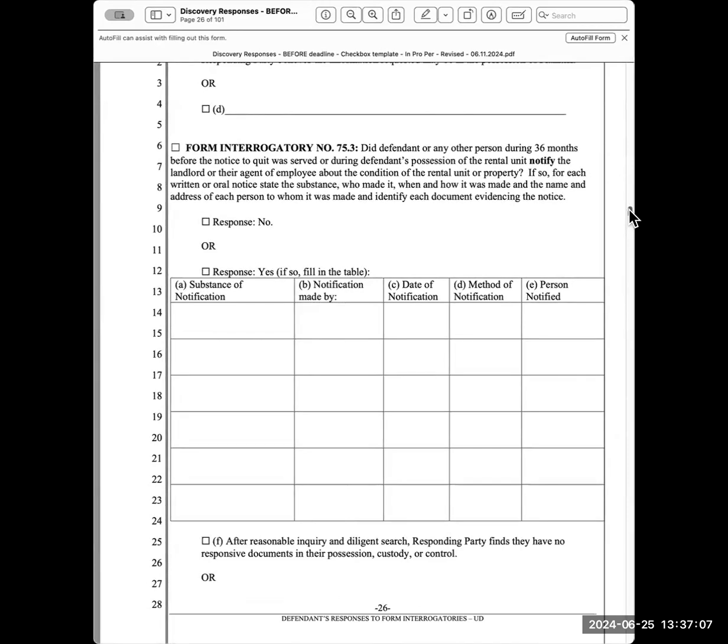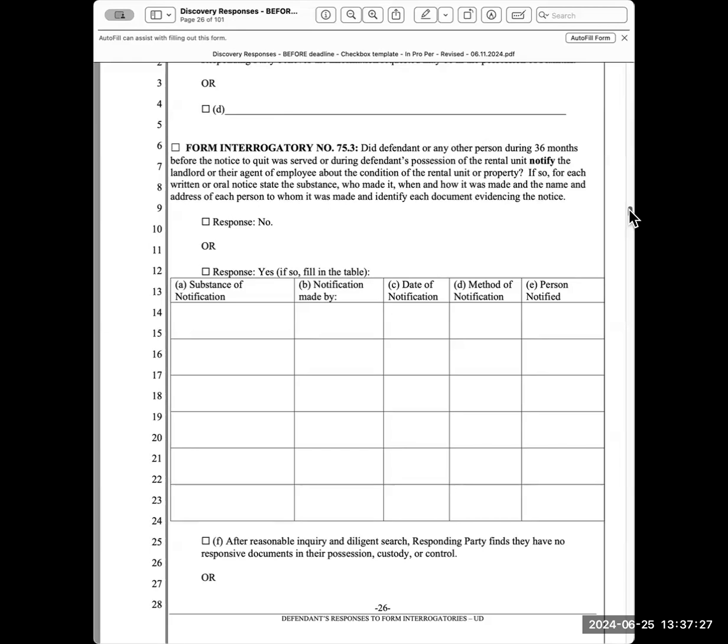75.3 is asking, did the defendant or any other person during 36 months, that's 3 years, before the notice to quit was served, or during defendant's possession of the rental unit, notify the landlord or their agent or employee about the condition of the rental unit or property?